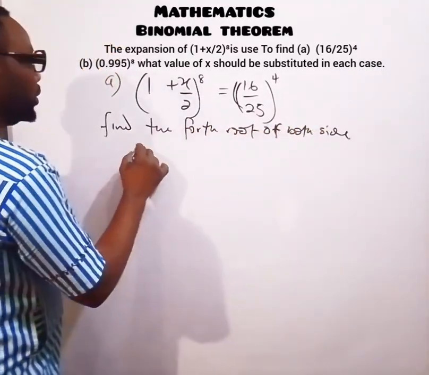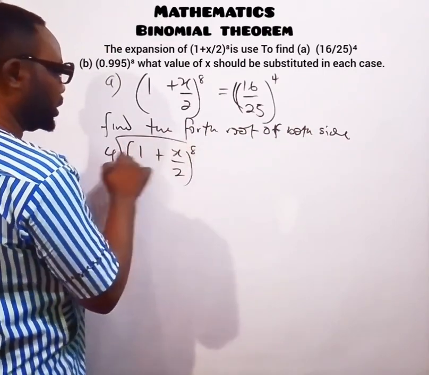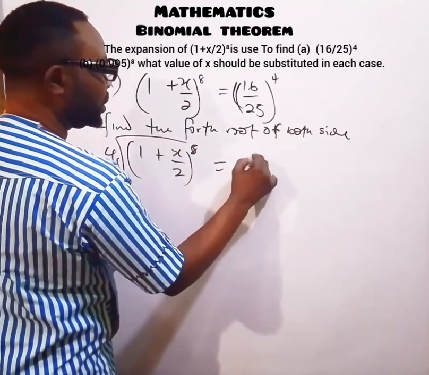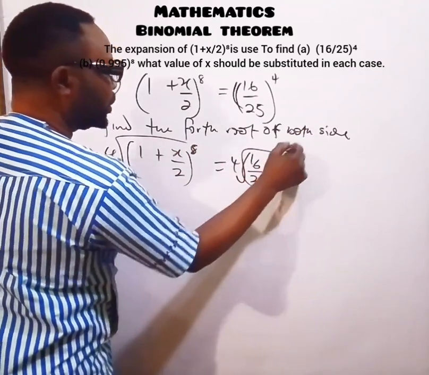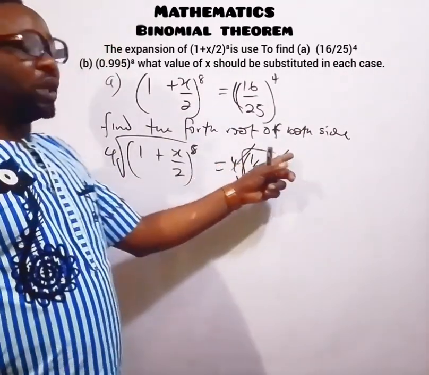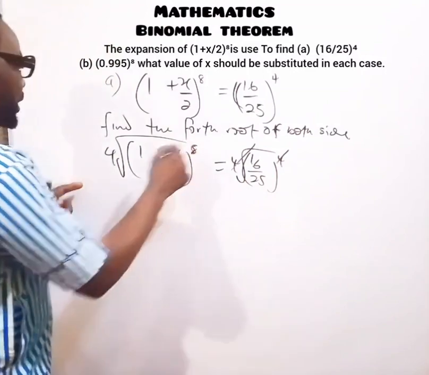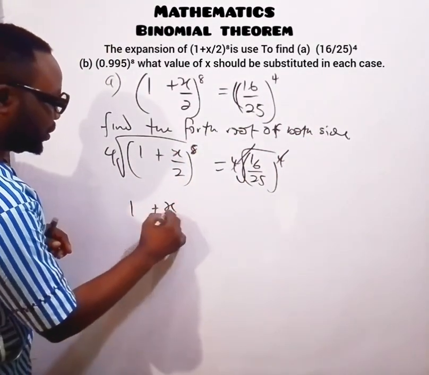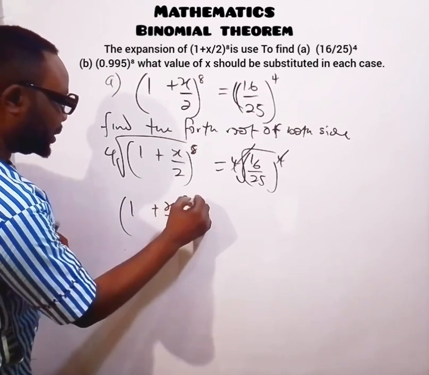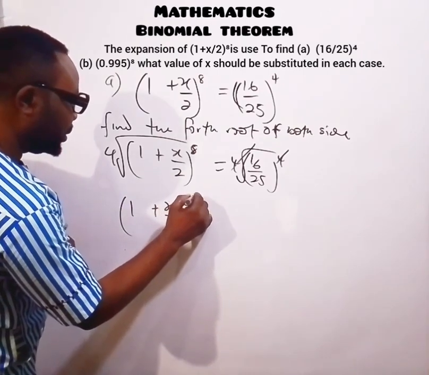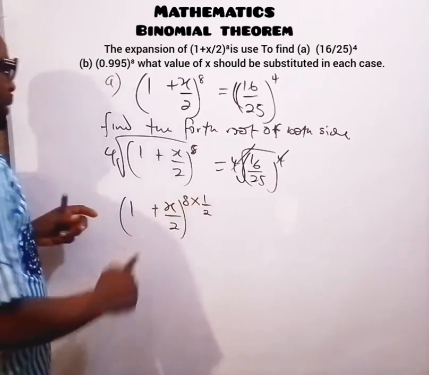We're going to have 1 plus x over 2 raised to the power of 8, then the fourth root here is equal to 16 over 25, fourth root here raised to the power of 4. So you know that this fourth root will cancel this power of 4 here, whereas this one will mean 1 plus x over 2 raised to the power of 8 times 1 over 4.